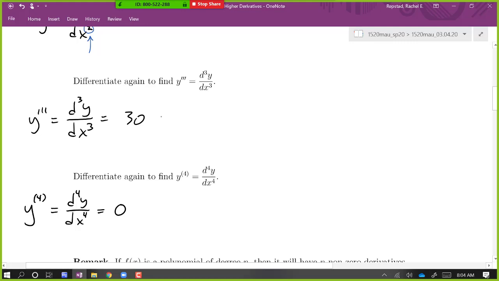So we started with a polynomial of degree 3, and our third derivative was the last non-zero derivative we got. As soon as we got to the fourth derivative, we got 0. And of course, all the derivatives thereafter will be 0, right? If you take the derivative of 0, you get 0. That's only true for polynomials, that you eventually get to 0. If it's anything else, usually you just keep going forever and ever.